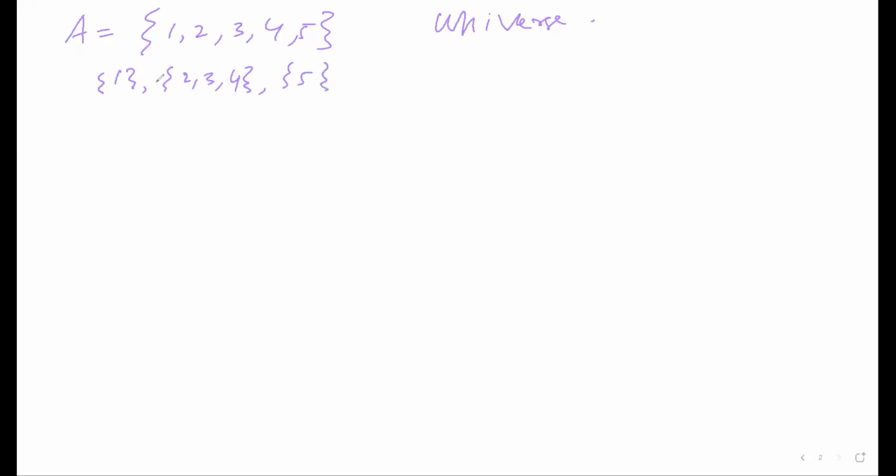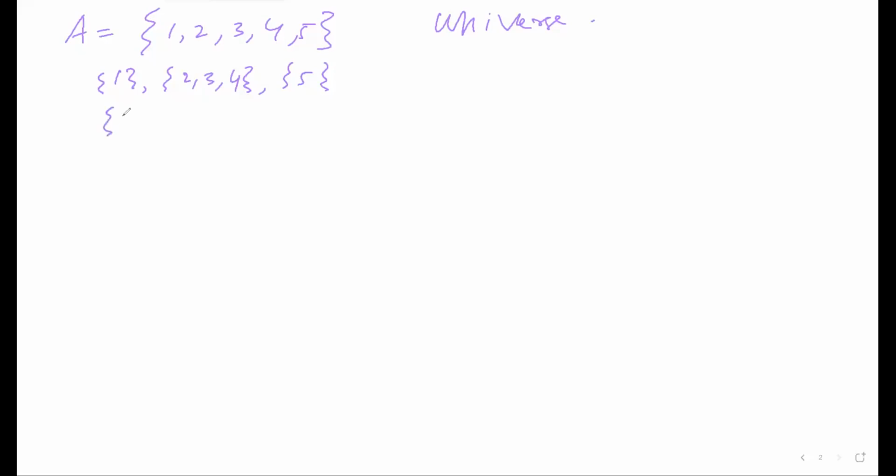Because their union is A, so it is a partition. If we omitted one of these, it will not be a partition of A. Give me another partition. Sai, I haven't heard from you in a while. Give me another partition, Sai.